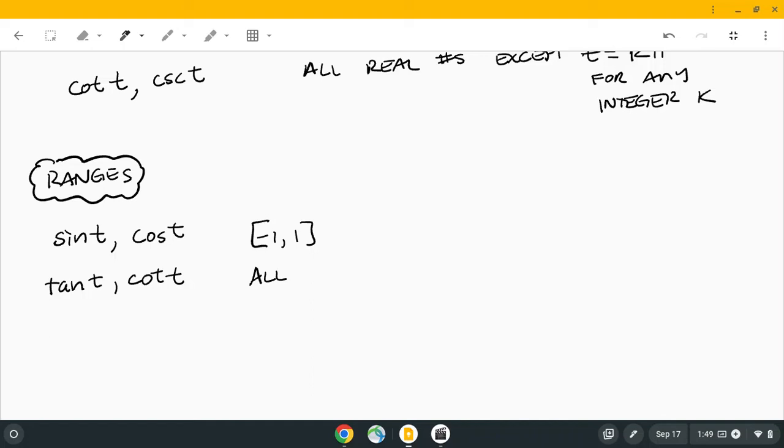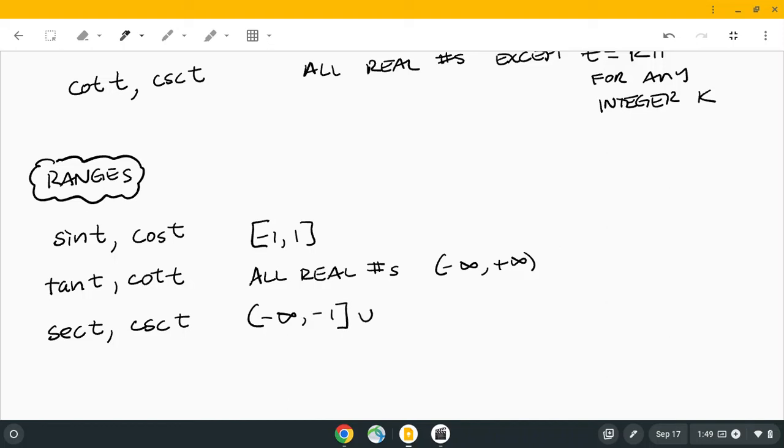So it is possible to get tangent of something equal to 2, or tangent of something equal to 20. You can get any real number. If you write that in interval notation, that would look like this. And then secant t and cosecant t, your range is going to be -infinity to -1 inclusive, together with 1 to positive infinity.